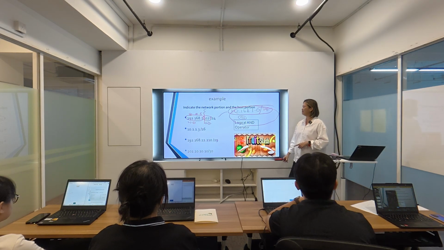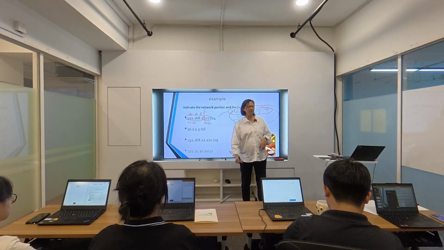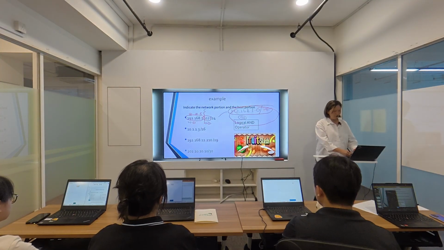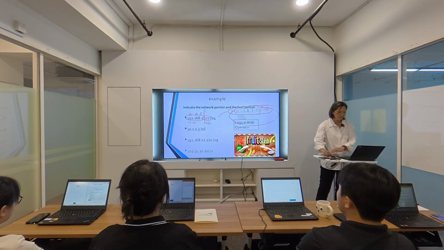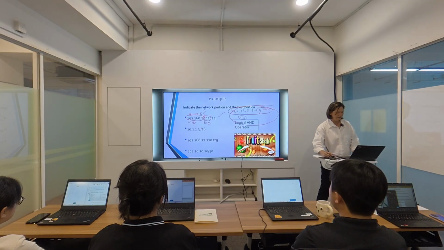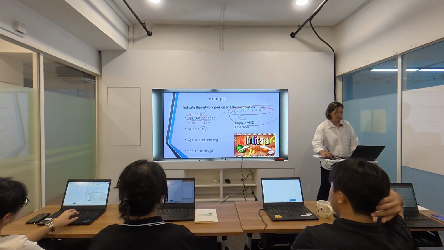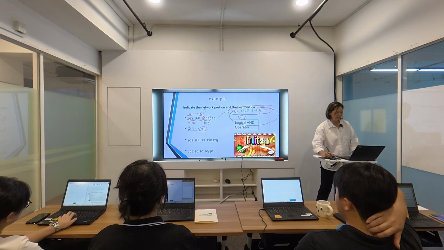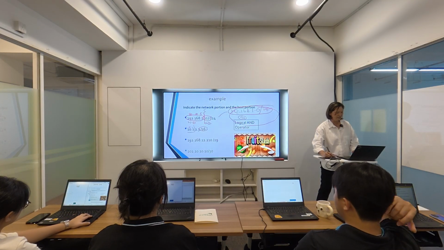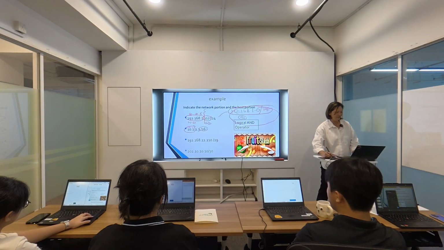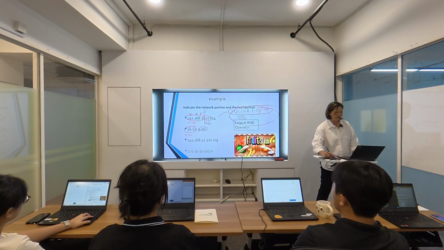Right? Now next example is 10.1.1.3/16. Now 16, we know that the first 8-bit, second 8-bit, you keep original. So that would be the network portion or network ID.